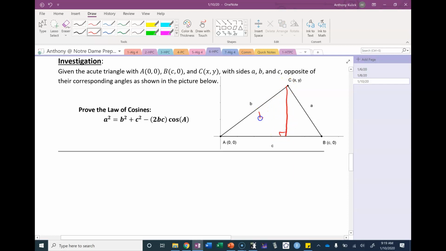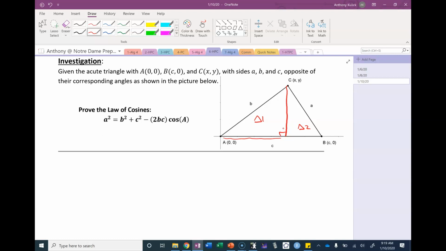And we'll draw a right angle. So here we're going to call this one triangle 1, and I'm going to call that one triangle 2. Sound good, guys? Okay. So what should we label this length on triangle 1?